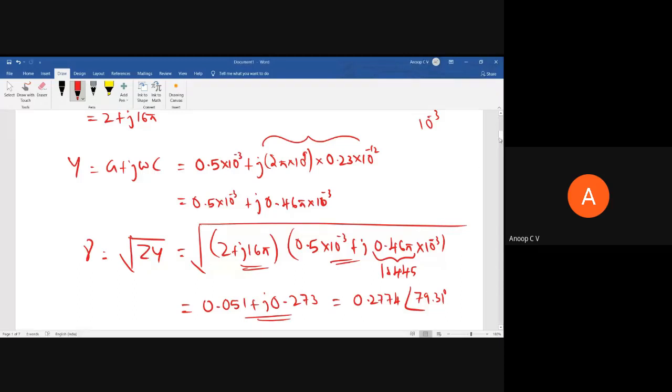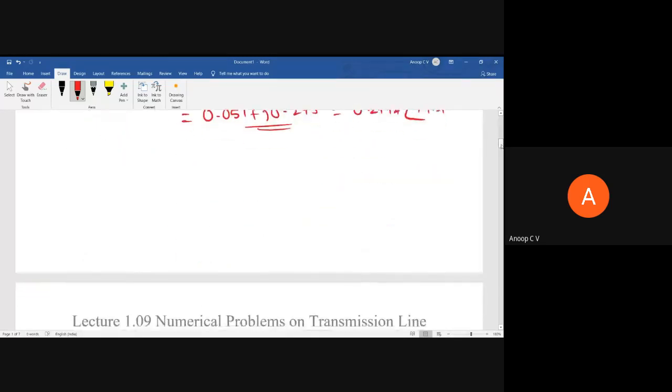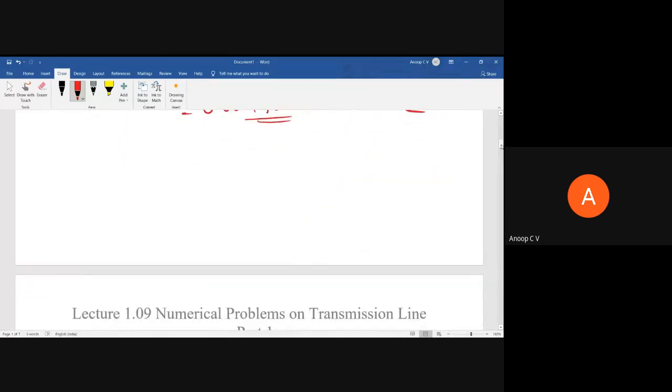For that, we should see some very basic prerequisites about complex numbers. First and foremost, a complex number can be written in rectangular form, as a plus ib, or in polar form.